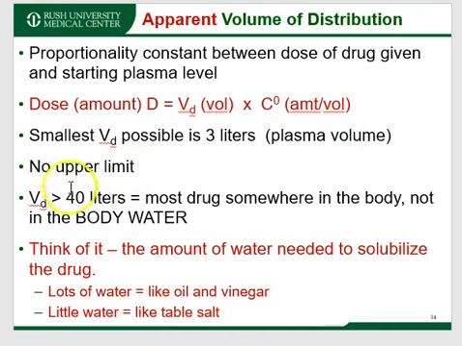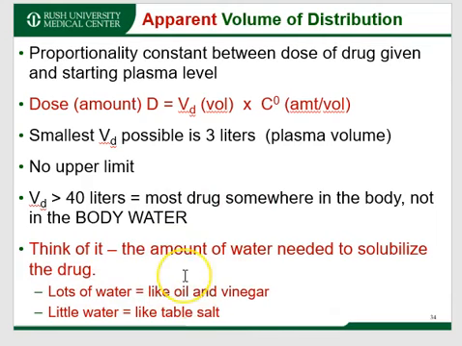So what does that mean? Well, earlier we said that the volume of distribution is about 40 liters in terms of total body water, but some drugs have a volume of distribution of 1,000 or 500 liters, which doesn't physically exist. So what does this mean? Well, think of it in terms of the amount of water that's needed to solubilize the drug. If you need lots of water, the drug is very lipophilic.